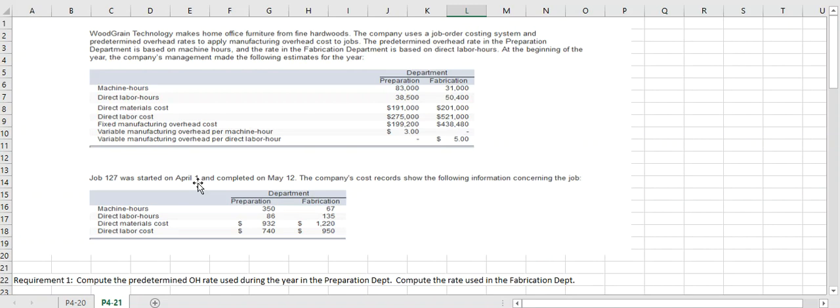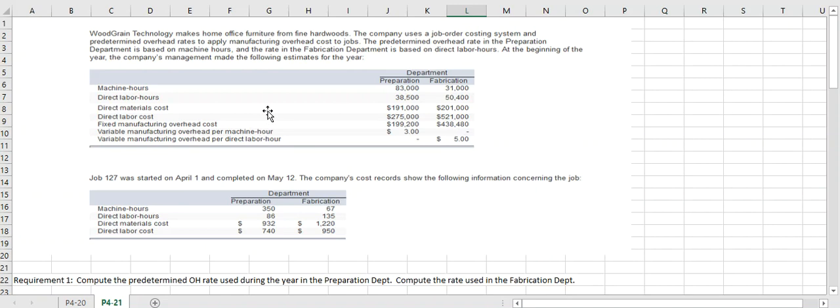The predetermined overhead rate in the preparation department is based on machine hours, so that's our cost driver for the preparation department. The rate in the fabrication department is based on direct labor hours, so that's the cost driver for fabrication. At the beginning of the year, we have some following estimates, so all of this is estimated amounts at the beginning of the year. And then we have some actual amounts that we've charged out to Job 127.